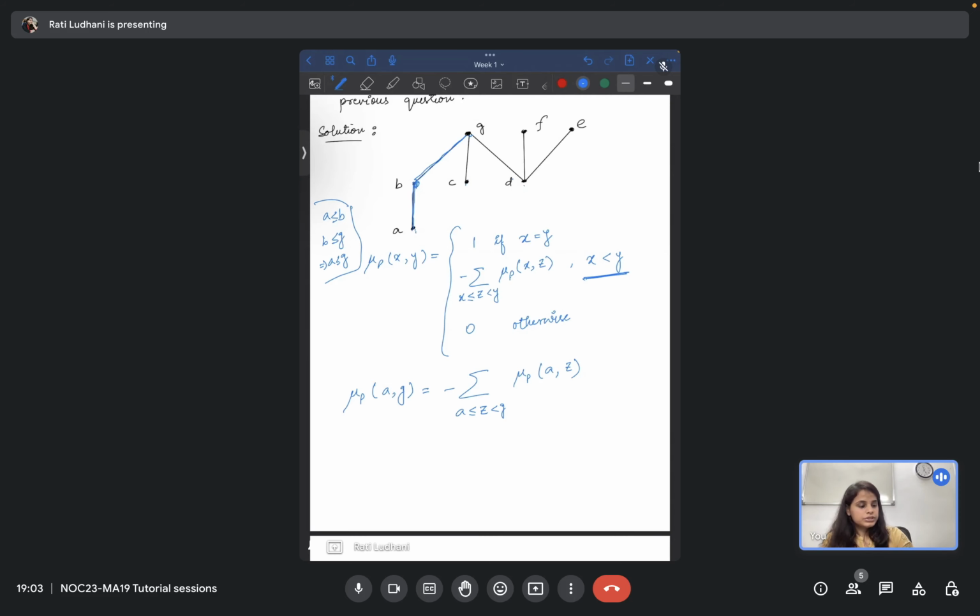Now let's calculate the summation. So all the z such that a is less than or equal to z, and z should not be equal to g. Let's see what are all the options for z. You can consider z to be a, because a is less than or equal to a. So you have minus, let's take a bracket, mu P of a comma a first.